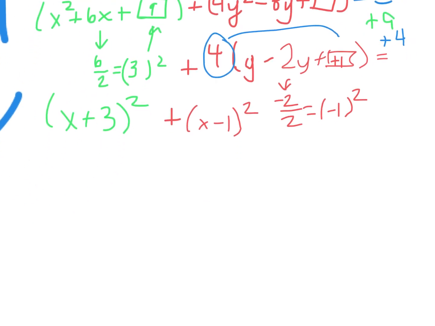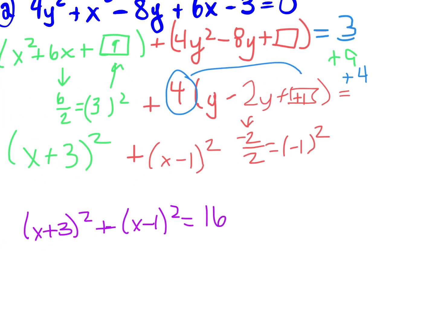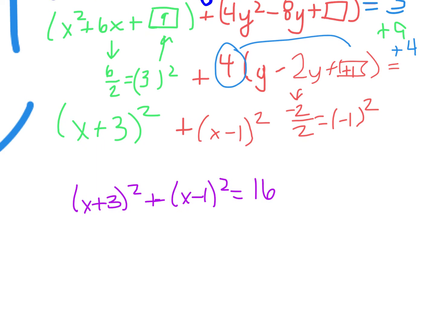So I'm left with here x plus 3 quantity squared plus y minus 1 quantity squared equals, when you add up 3 plus 9 is 12 plus 4 is 16. So if you guys remember, when you have the equation of an ellipse, it always has to be set equal to 1.